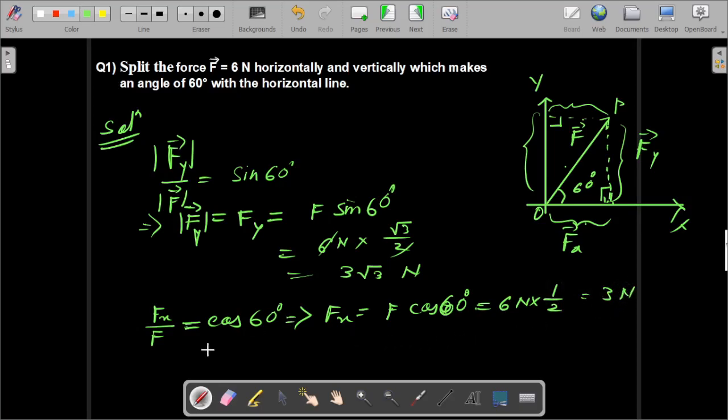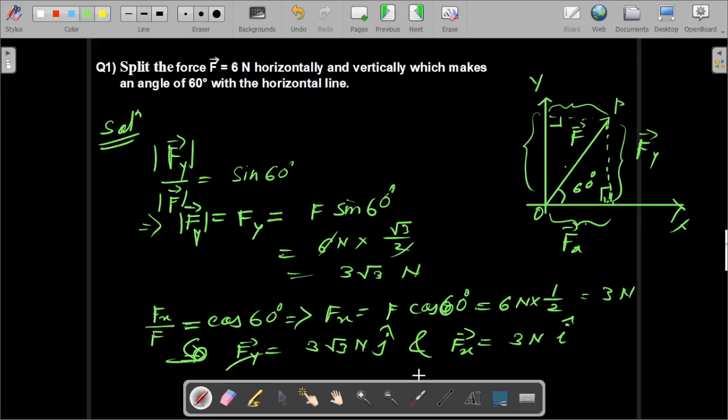So in this way we can write the value of components. Fy will be 3 root 3 Newton. So the Fy vector will be 3 root 3 Newton in the direction of the y-axis, and the Fx vector will be 3 Newton in the direction of the x-axis.